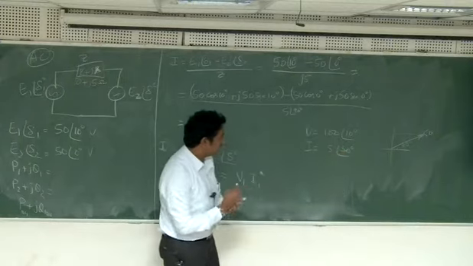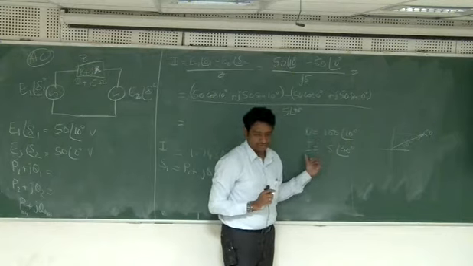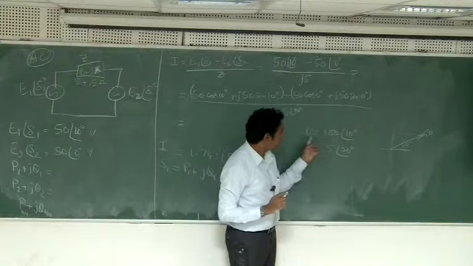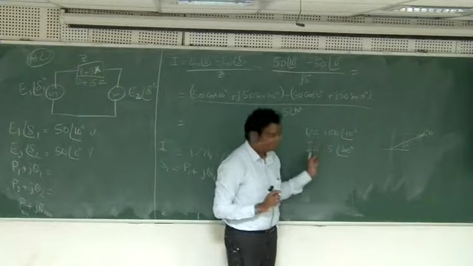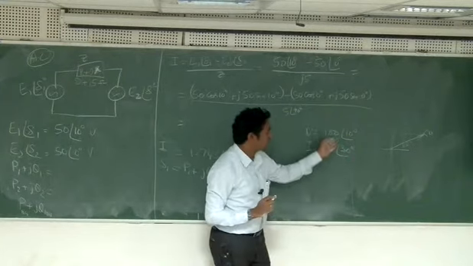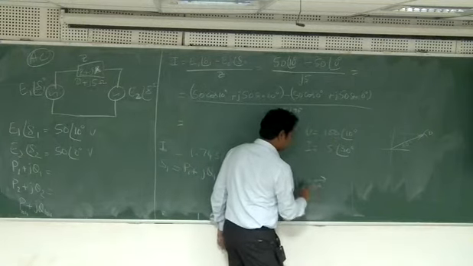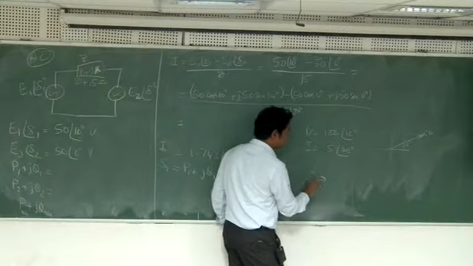Now what is the angle between voltage and current? To find the relative angle between these two, I have to subtract one from the other. So one is at 10 degrees, the other is at 30 degrees, so the difference is 20 degrees.